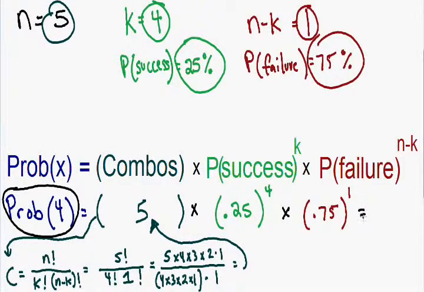And if you plug that into your calculator, we get an answer rounded to 4 decimal points of 0.0146, or you could say 1.46%. So what is the probability that a student got exactly 4 questions correct? That is 1.46%. So I hope this gave you a better idea on binomial distribution and using that to find probability.